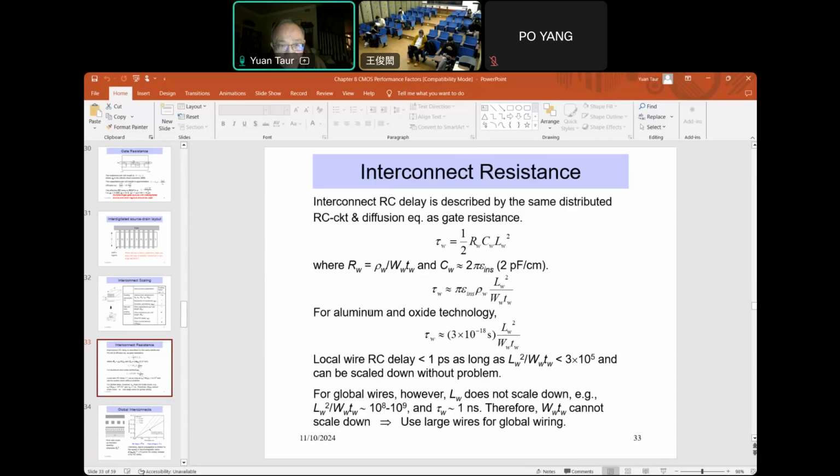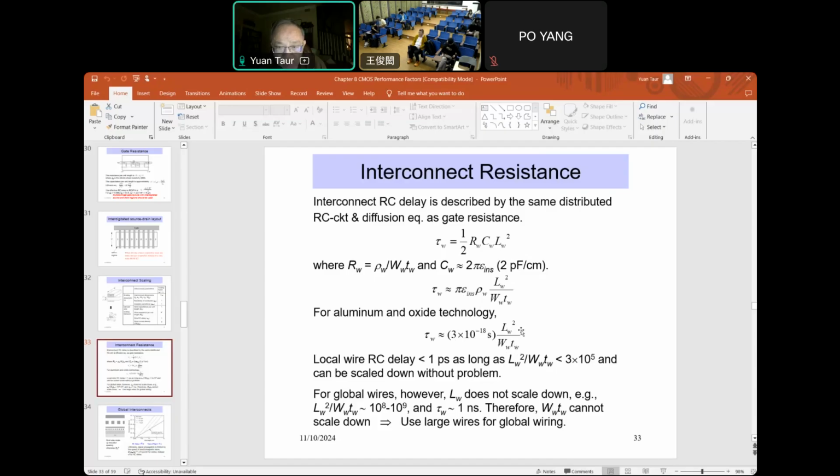And if it's aluminum oxide, copper is a little bit better. But if you look at the material factor in front, it's a very short time, 3 times 10 to the minus 18 seconds. Multiplied by this geometrical factor, which is wire length squared divided by the wire cross section. W is the width, T is the thickness of the wire.